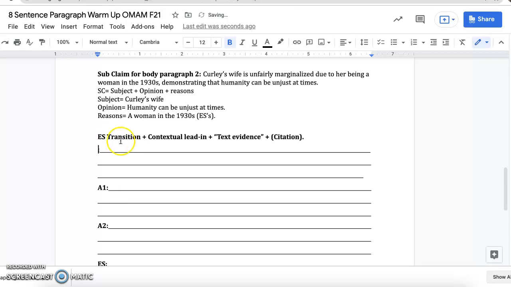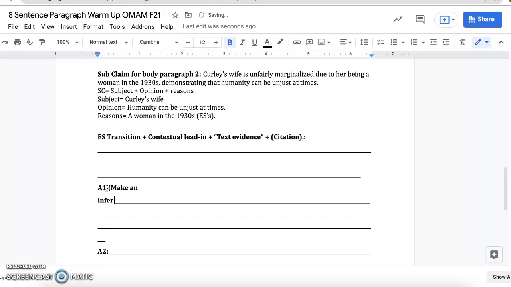Okay, so make sure you have all those components in your ES. So after you write your ES, you got to follow up every single ES with two pieces of analysis. So the analysis 1 would then make an inference on the action in the text evidence. So that's what I'm going to write here, just to remind you.